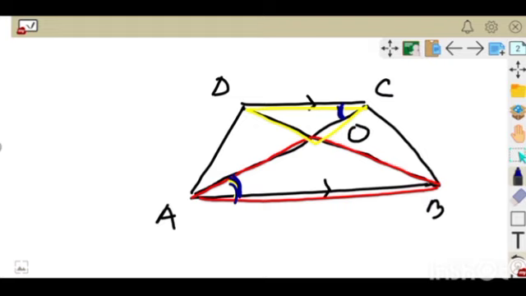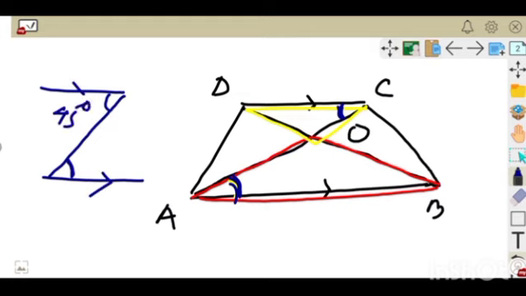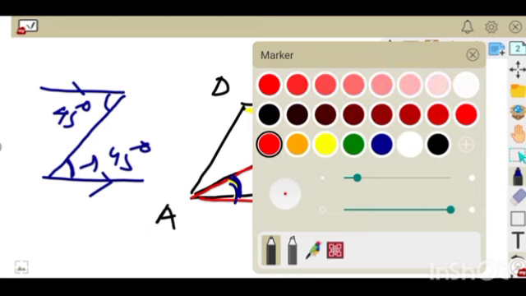As the question tells you that DC and AB are parallel, so if I draw in this way, what happened? This angle and this angle, they are alternate, and as the lines are parallel, definitely if it is, let me say 45 degree, then even this will be 45 degree. Okay, next we have this one again.